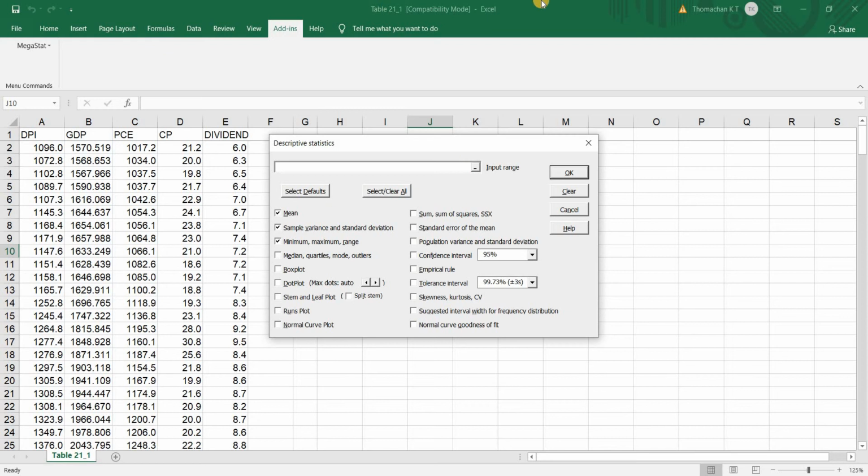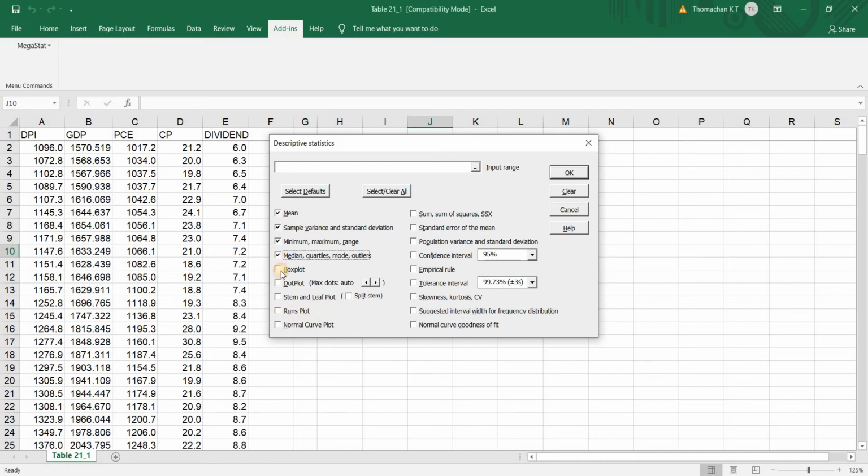When you click the descriptive statistics, you have mean, sample variance and standard deviation, minimum value, maximum value and range, then median, quartiles, mode, outliers, box plots, dot plots, stem and leaf, runs plots.